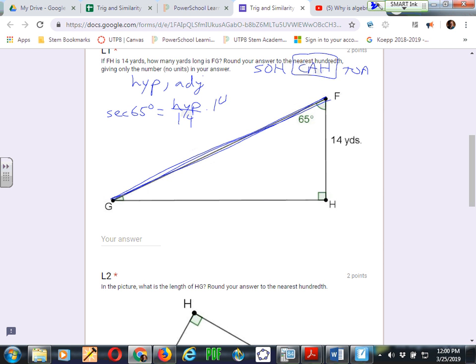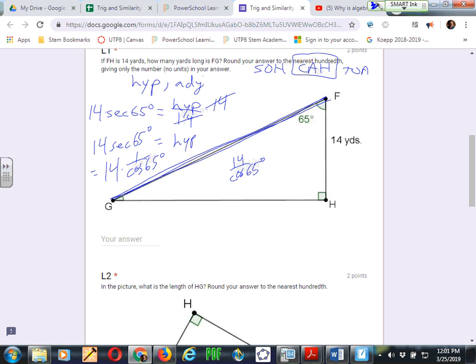So if I multiply, and I always have to do the same thing on both sides of the equation, I'm left with the hypotenuse is equal to 14 times the secant of 65 degrees, which is 14 times 1 over cosine of 65 degrees. So what I get is that the answer should be 14 divided by cosine of 65 degrees. So that's one way to go about solving this.